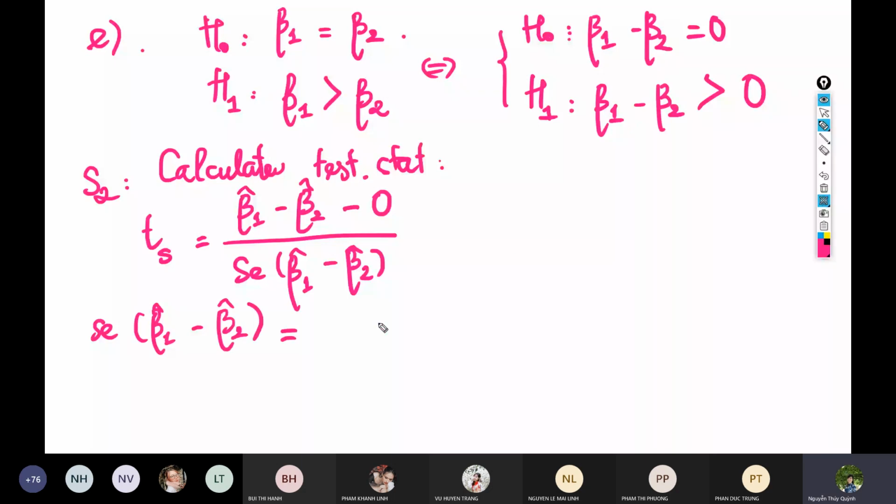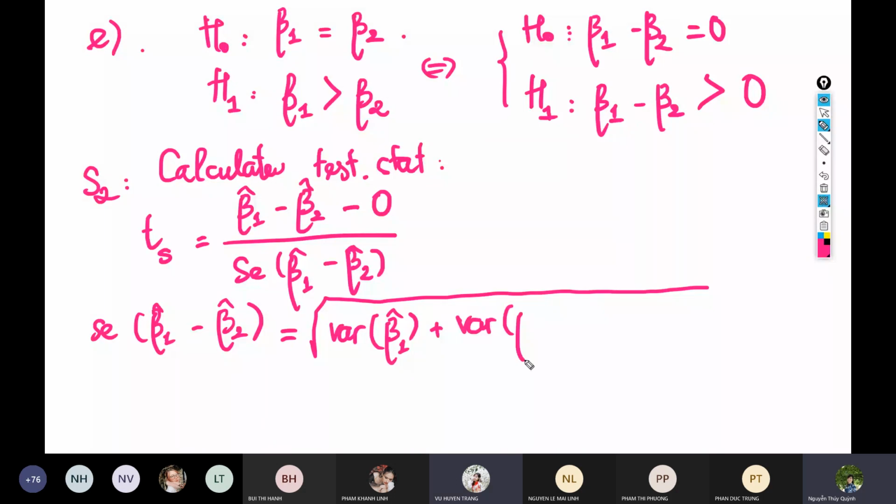Do you remember the formula to calculate it? It is the square root of the variance of beta 1 hat plus the variance of beta 2 hat minus 2 times the covariance between beta 1 hat and beta 2 hat.